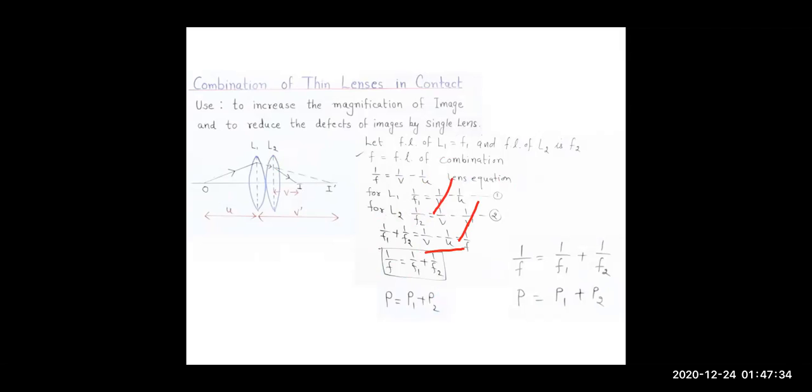And 1 upon v minus 1 upon u is what? That is 1 by f. So we wrote 1 by f in its place. So did you get it, beta? 1 upon f equals 1 upon f1 plus 1 upon f2. So this is the formula for combination of two lenses in contact with each other. And 1 upon f is power. 1 upon f1 is power of lens 1. 1 upon f2 is power of lens 2.